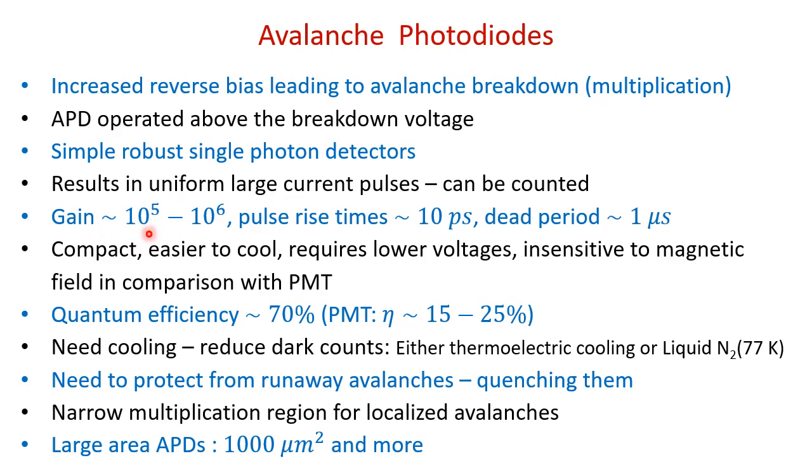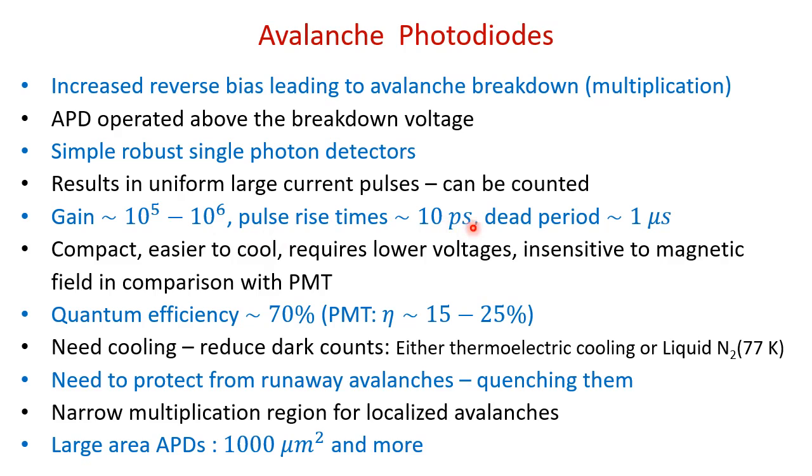And the gain can be roughly about 10 to the power of 4, 10 to the power of 5. That's the kind of gain that one can get. The pulse rise times are quick. They can be as fast as tens of picoseconds.